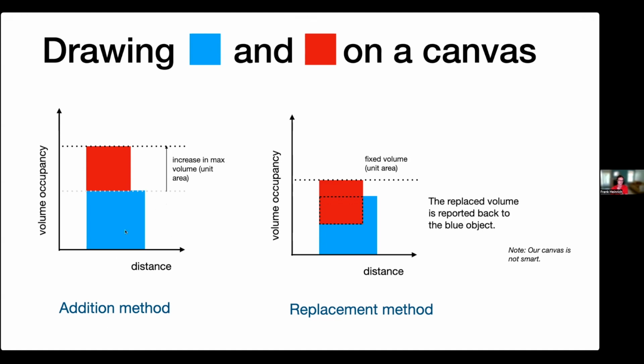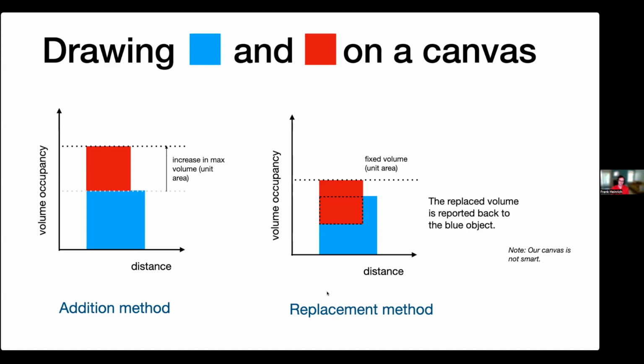You can just have the addition method, meaning first you draw the blue square, then you draw the red one, and the red one just adds. Wherever you draw that, it adds to that. If I would have drawn it here to the left, half of the red square would have, like in a Tetris, sunk into the baseline here. And what this adding does, it increases your maximum volume or your unit cross-sectional area of your canvas. And this is one method that you can use at the beginning or at a certain stage or any stage.